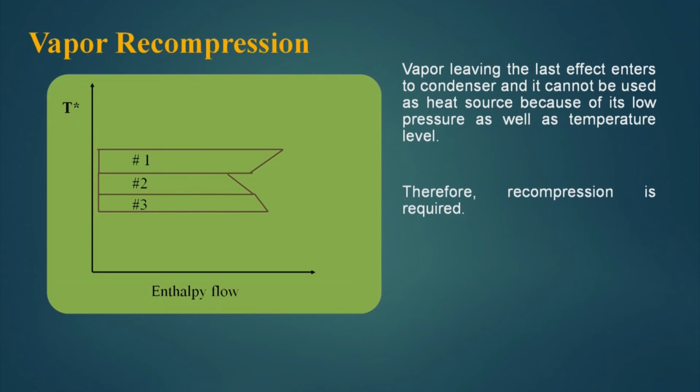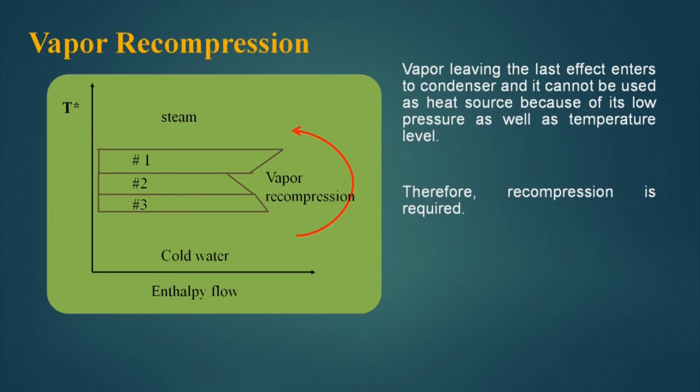So, what is being done to utilize the heat available at this level? This vapor is taken and it is compressed by a compressor using some work, and its pressure is raised. So, its temperature also rises, and then this raised temperature is used here. So, by compressing the vapor, I can use it at the first effect, but for doing so I have to utilize electrical energy in the compression.